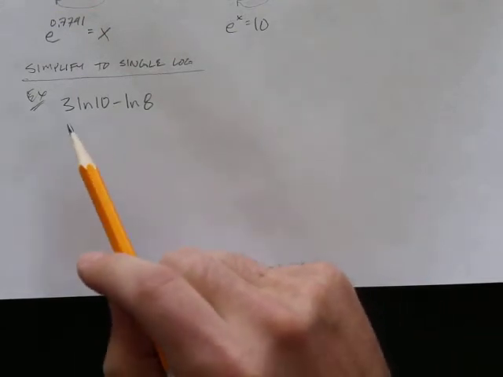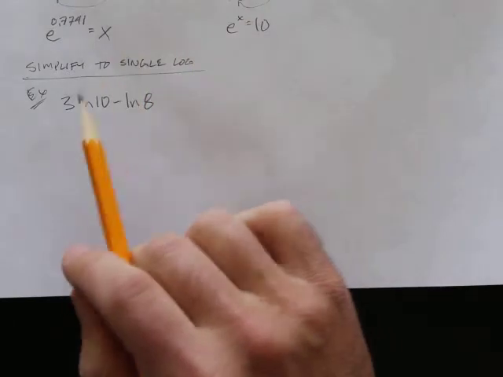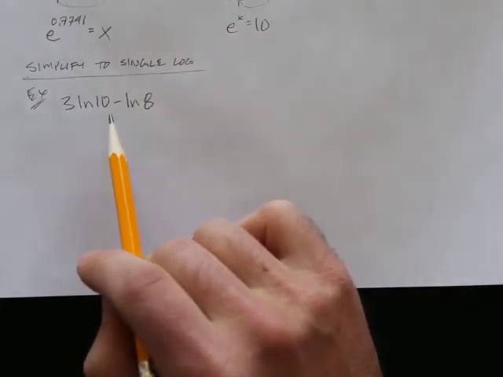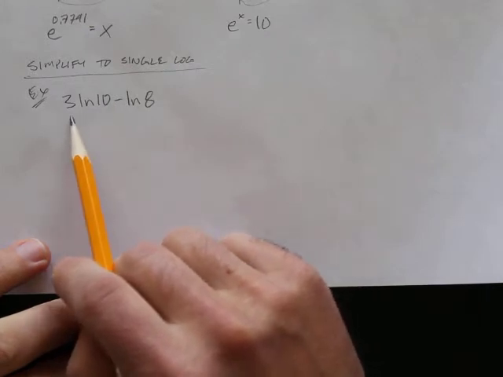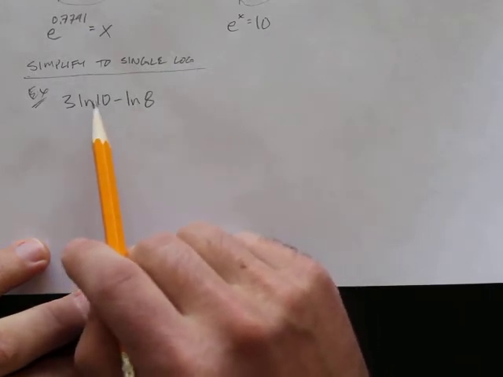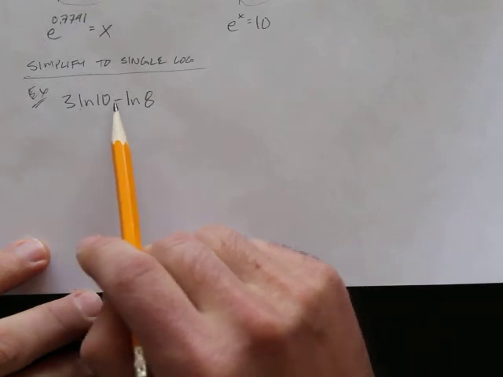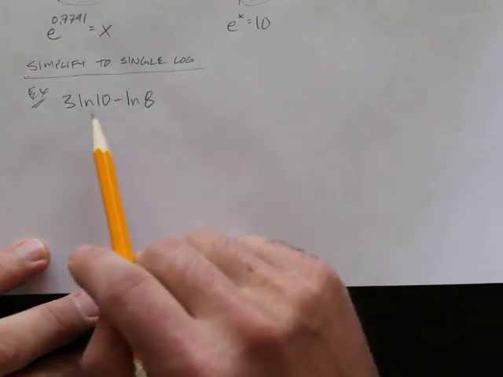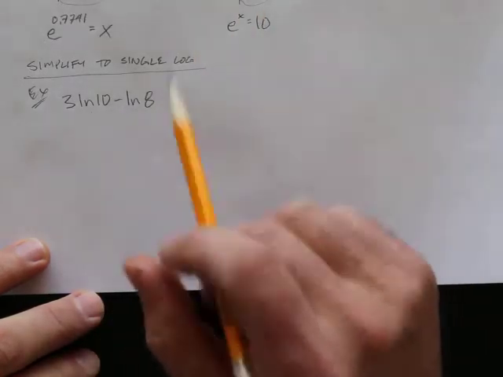So just because it's a natural log doesn't mean it's really different than any other logs we've used. So we can still use all of the ways that we combine logs from before. We're just using a natural log. It's just log base e. So we can use the power property, we can use the quotient property, we can still use those things to combine these. Just because it's natural log, you don't need to be scared.